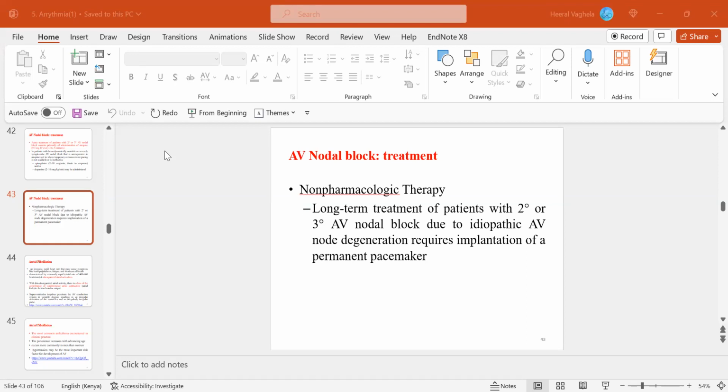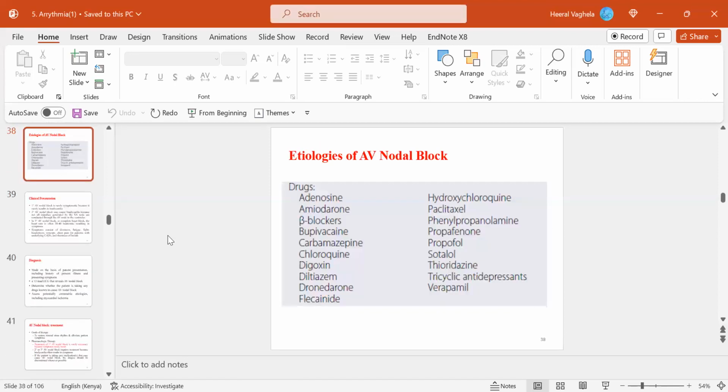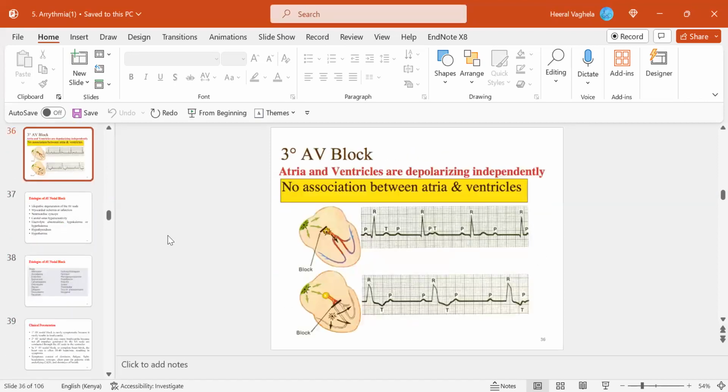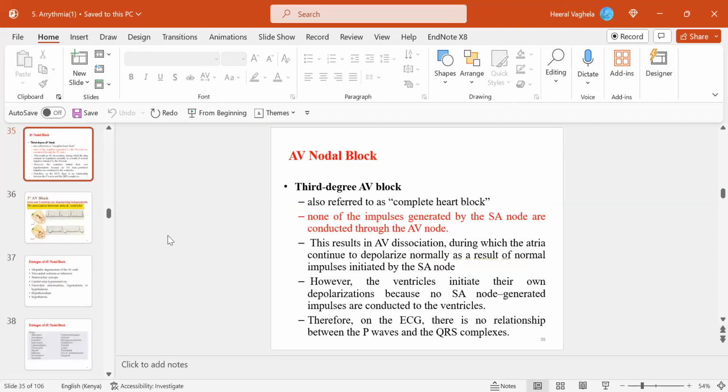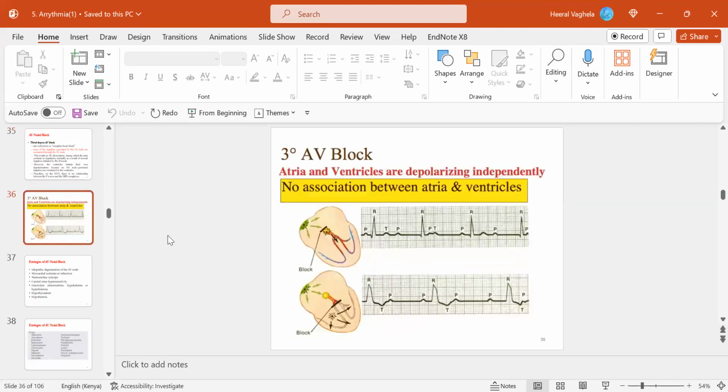Yeah. Even in first degree, it will just be slower. But when we're talking about third degree, there's no association at all. At least in first degree, there would be some association, it's just a slower contraction.